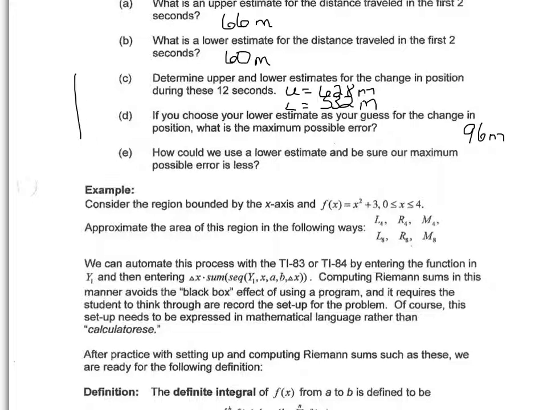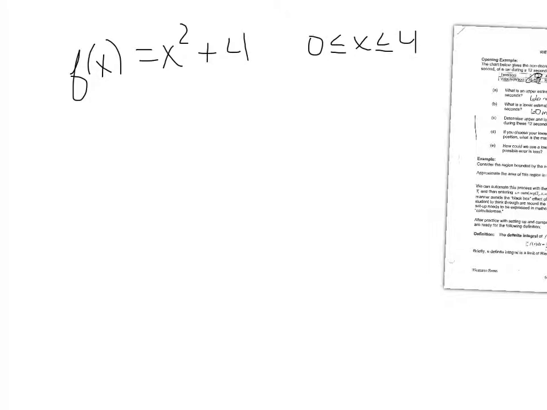So if we have x squared plus 3 between 0 and 4, I'm going to make this smaller and move it over. Okay, so let's say we haven't done a midpoint. Let's do a midpoint, and then you can do left and right.